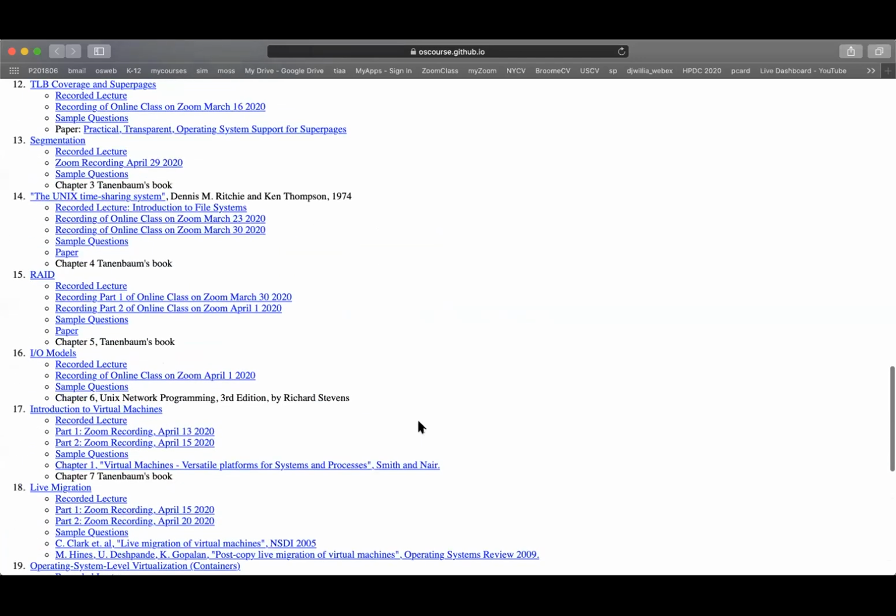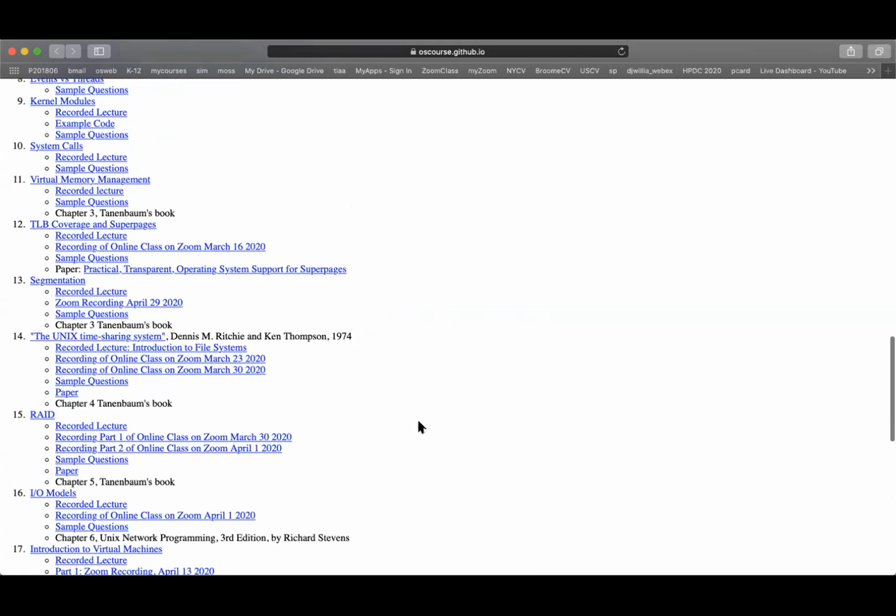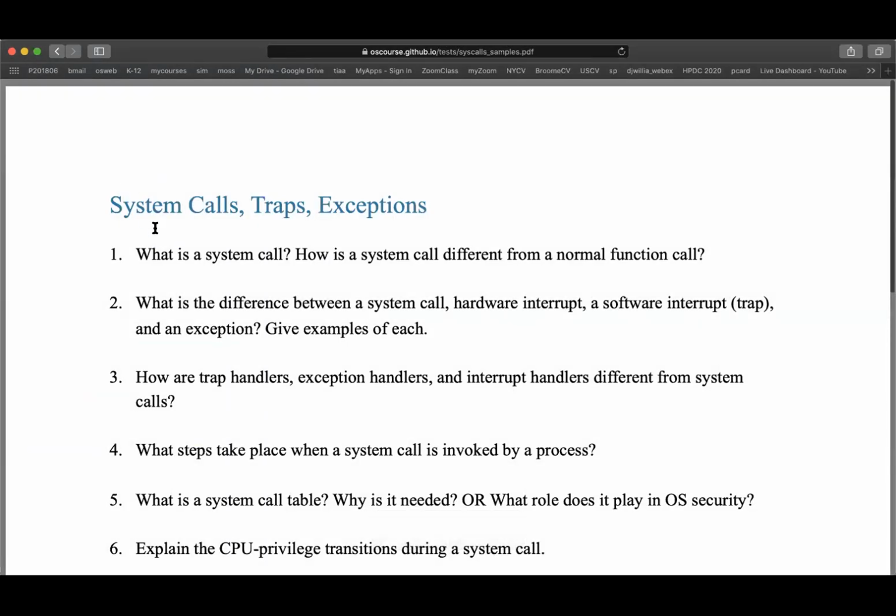I'm going to go all the way back, and I'll try not to cover each slide, but the general rule of thumb is to review the slides and the references for each chapter, and also try to go over the sample questions to see what concepts are important.